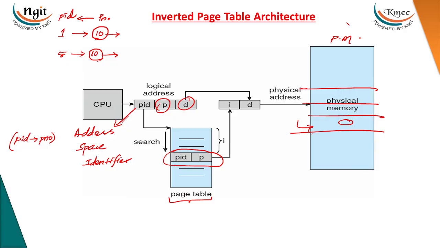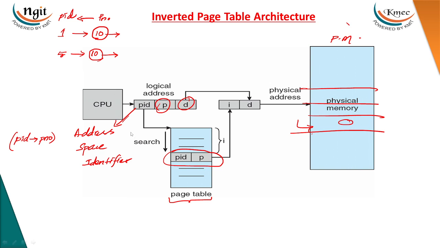Examples of inverted page tables are the 64-bit UltraSPARC and PowerPC systems. There is also a system called IBM RT that uses the inverted page table.